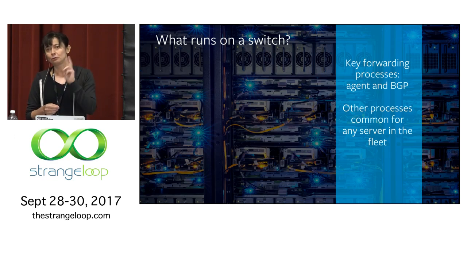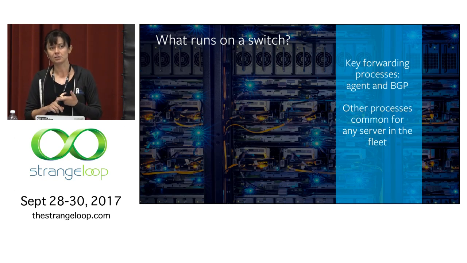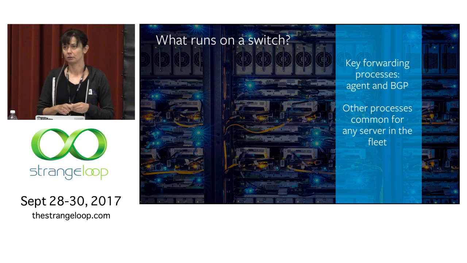There are two key forwarding processes that run on a switch. We call them agent and BGP. Agent is a process that's responsible for programming a special chip that does hardware forwarding. And BGP implements the very common network protocol.